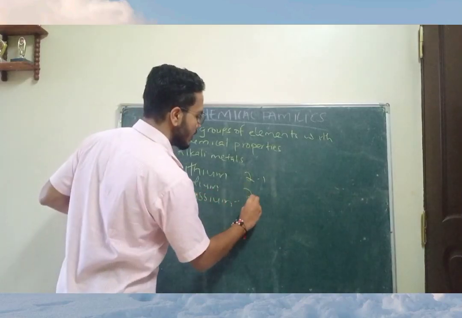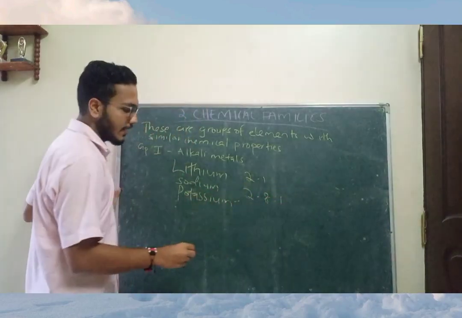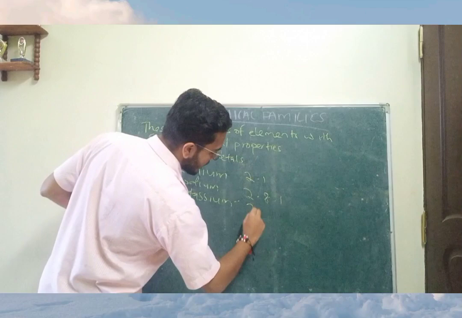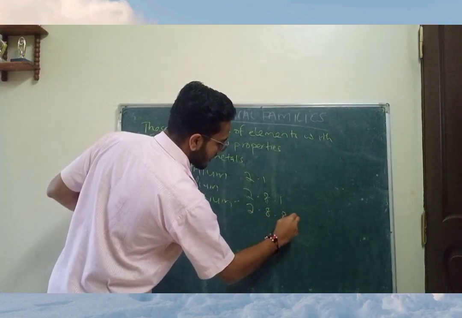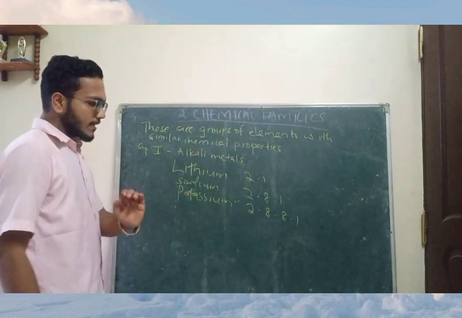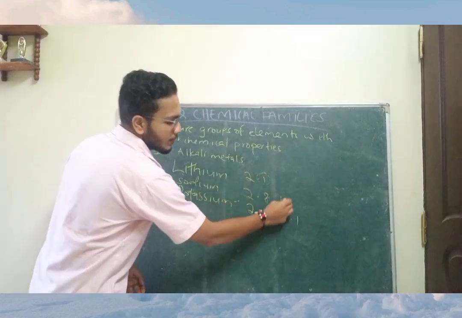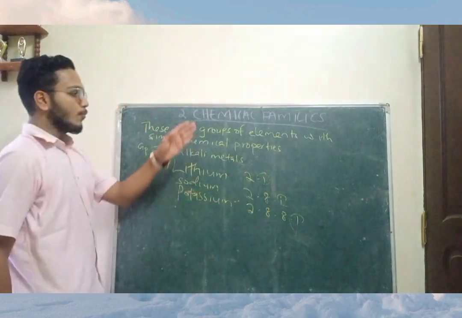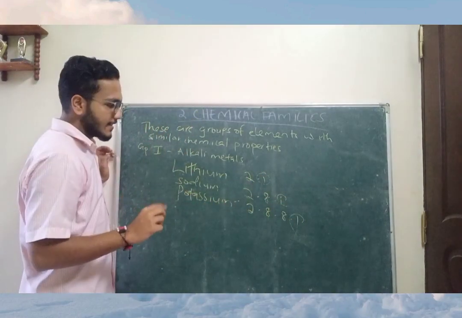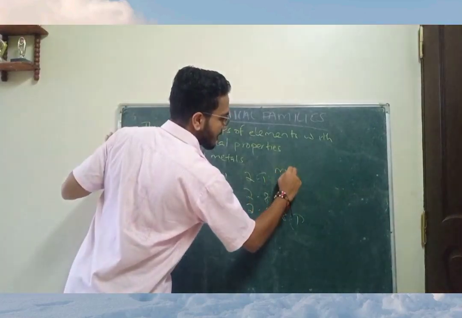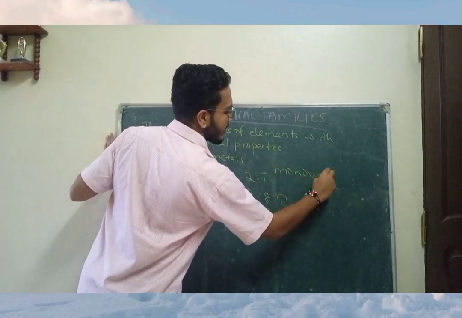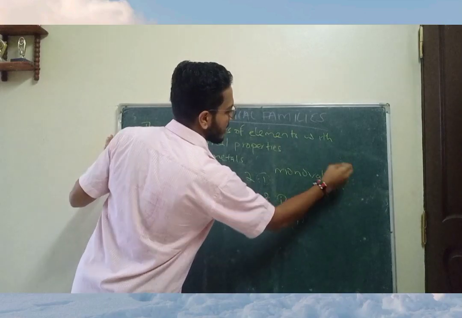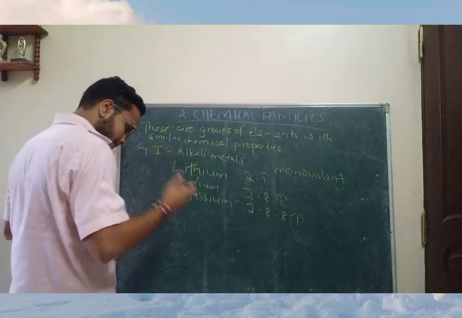Sodium is 2 8 1, number 11, and potassium is number 19, 2 8 8 1. As you can see, there is one electron in the outermost energy level, hence group 1 and alkali metals, and they are said to be monovalent because they have one electron in the outermost energy level.